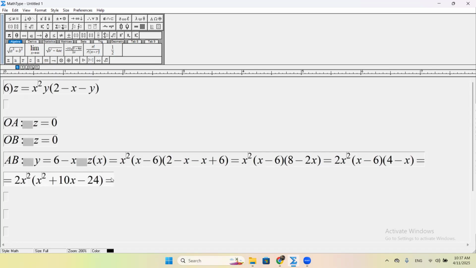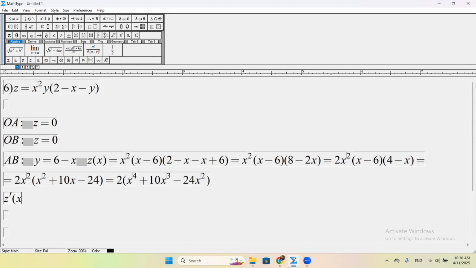And now let's also multiply by x squared. So x to the power of 4 plus 10x cubed minus 24. And here we will do the analogous thing as for a function of one variable. So we will have to differentiate it.